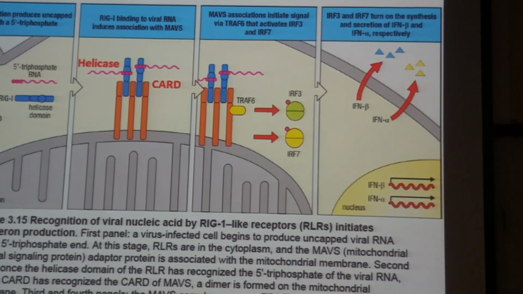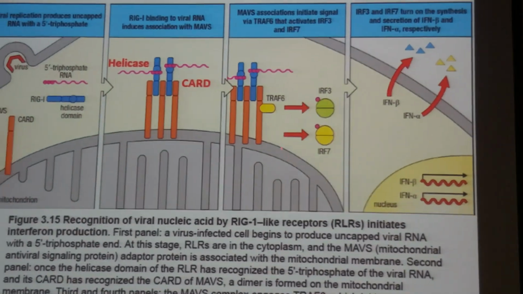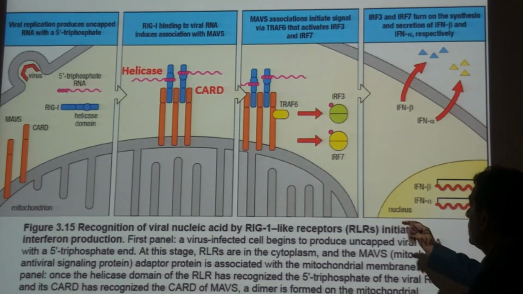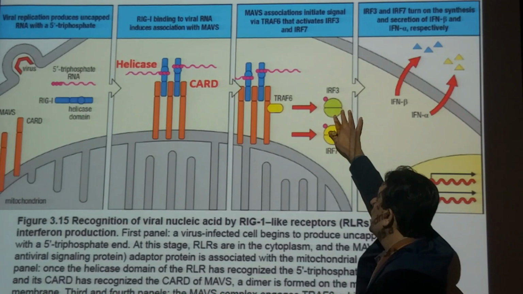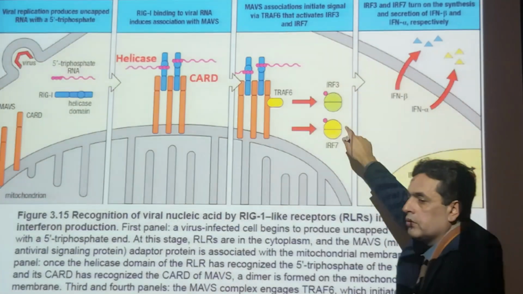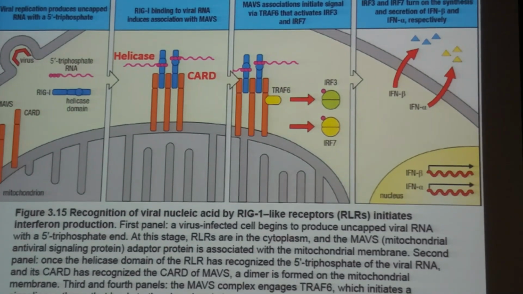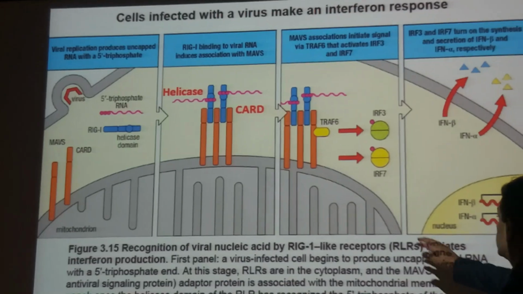this particular protein or peptide, when this peptide is activated, it is going to lead to another cascade of events that finally would lead to the phosphorylation of interferon response factor 3 and interferon response factor 7.